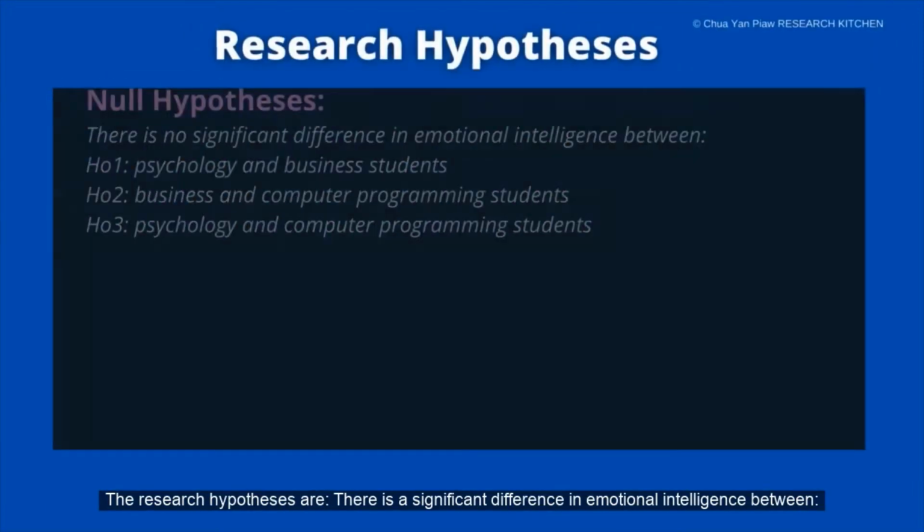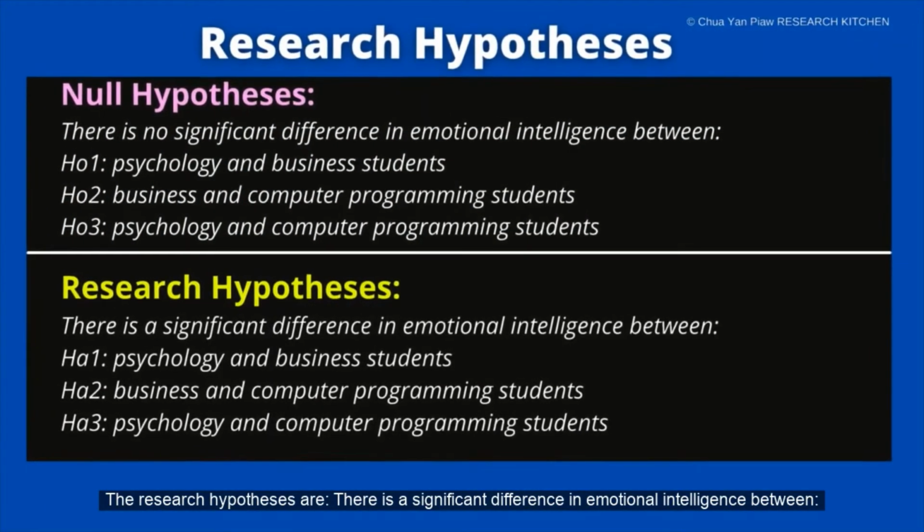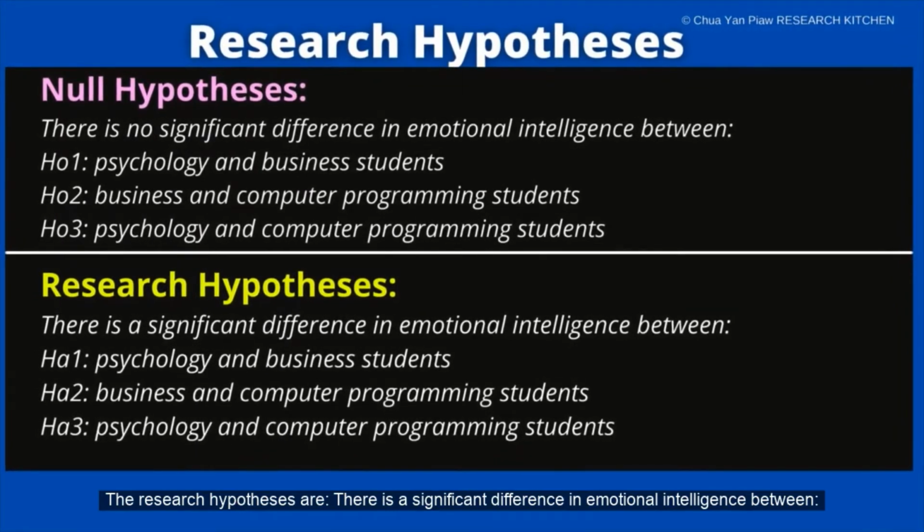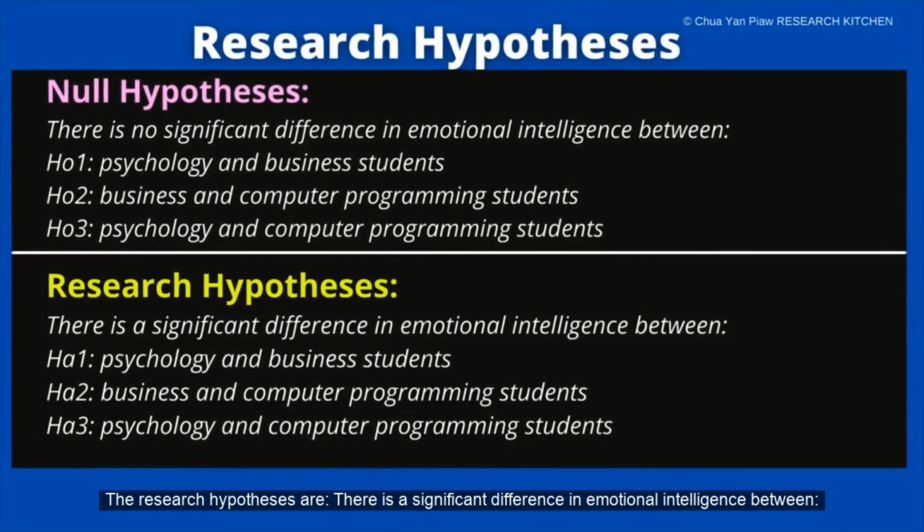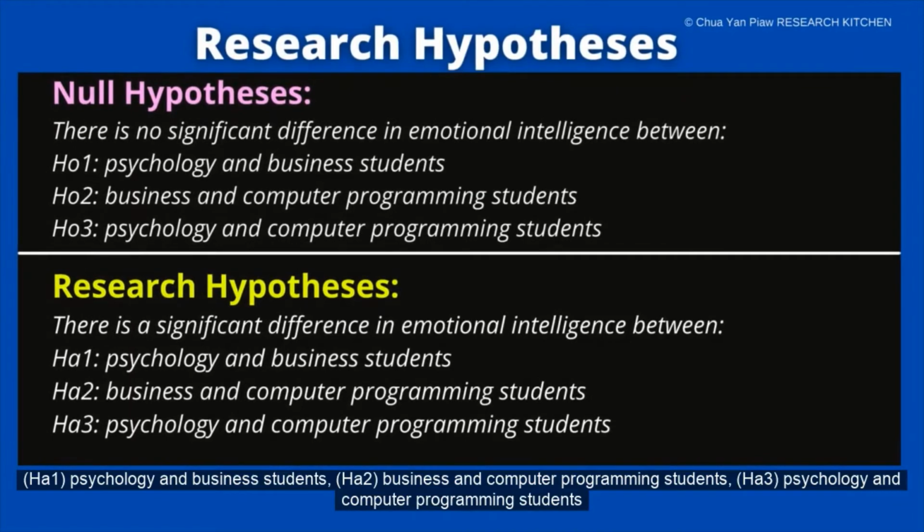The research hypotheses are: there is a significant difference in emotional intelligence between psychology and business student, business and computer programming student, psychology and computer programming student.